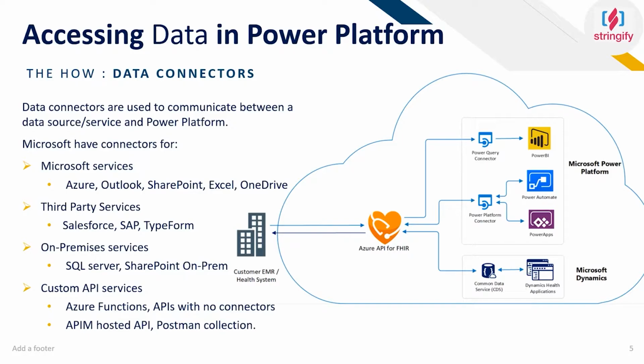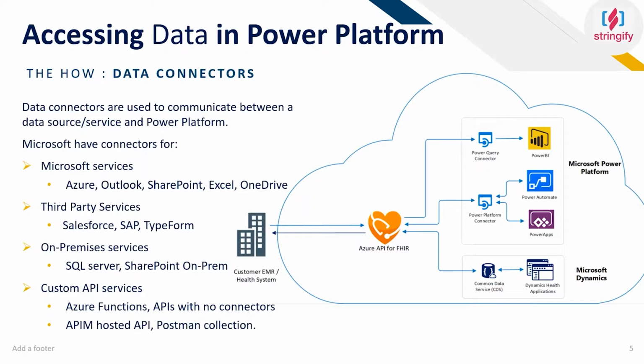Now, these are not just Microsoft related connectors alone. You can also be talking to a third party. In this case, there are third party connectors, right? SAP, Typeform, Salesforce, Gmail, Twitter. There are quite a lot of third party connectors. The idea is this: Microsoft has come to an agreement to be able to receive exposed web services from those parties.